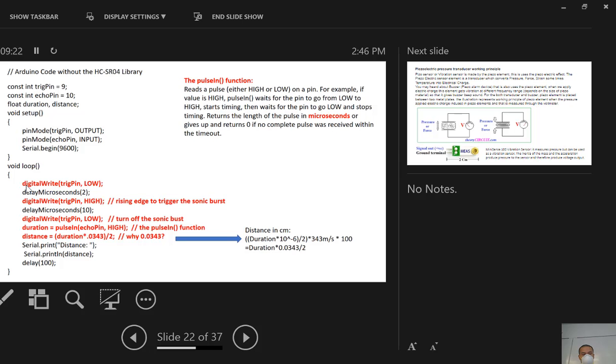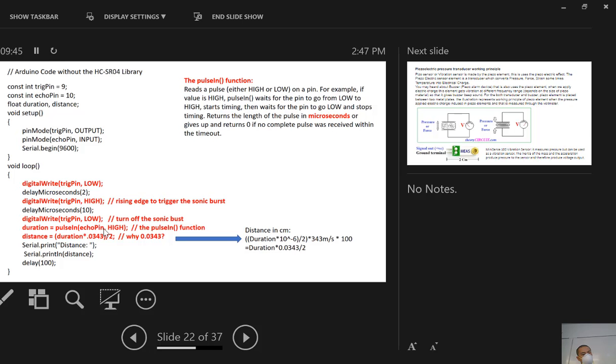You have to write the sequence by yourself, right? For the trigger pin, you start from voltage low, delay for 2 microseconds, then give a voltage high and keep the pulse high for 10 microseconds, and then pull it low. So it's just generating a triggering signal.